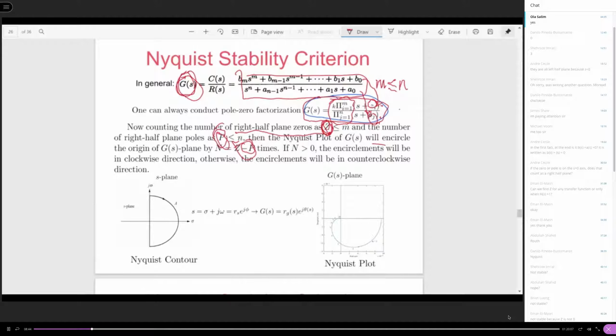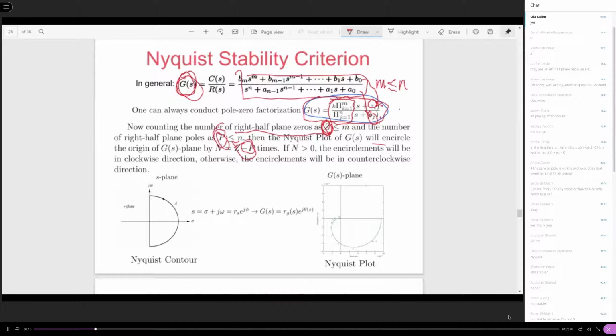You have Z zeros contributing Z encirclements clockwise, and P poles contributing P encirclements around the origin counterclockwise. But they are in one single transfer function, so they cancel each other, resulting in a net encirclement around the origin. And this net number is Z minus P.